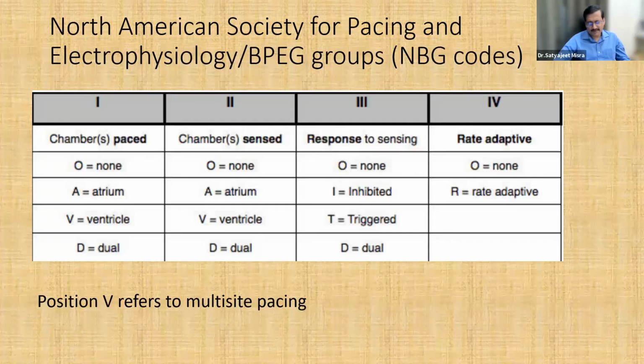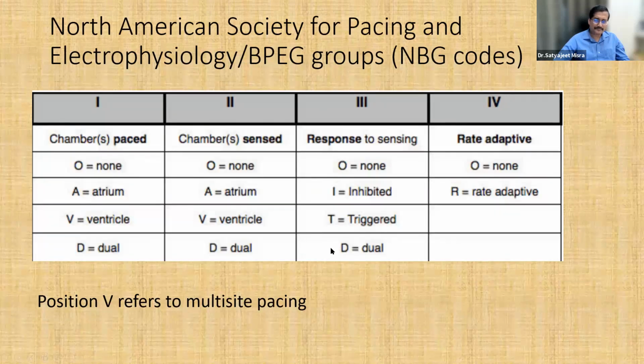For every P wave that it detects, it will trigger another. But it's no longer practiced in modern pacemakers. So triggering means whether the pacer is able to trigger an AV delay or not, and that's important in a few modes.